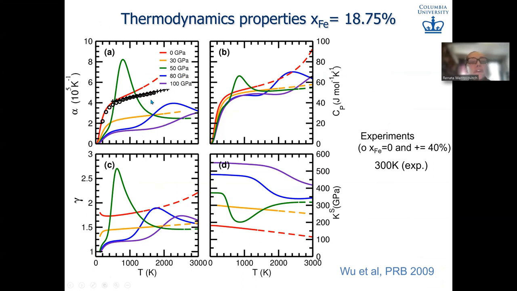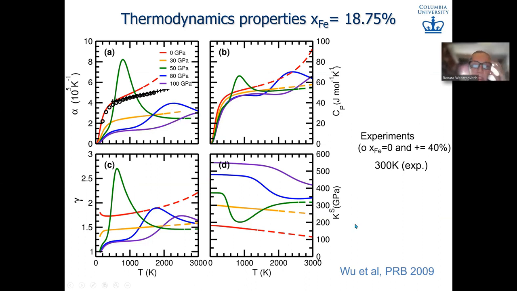But when you reach 50 GPa and increase the temperature, you see an anomalous increase in volume, a very large anomaly in the thermal expansion, of course, because you are entering the mixed spin region. We're going from low spin to mixed spin, and the volume is increasing anomalously. This moves to higher pressures, and the anomaly broadens and its intensity decreases.